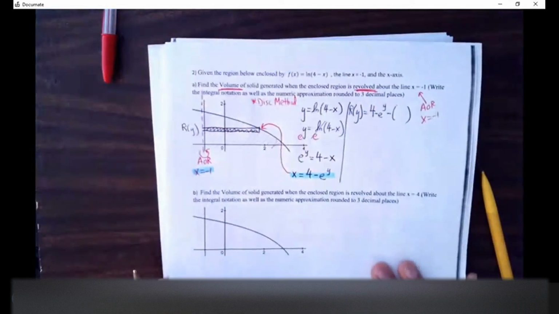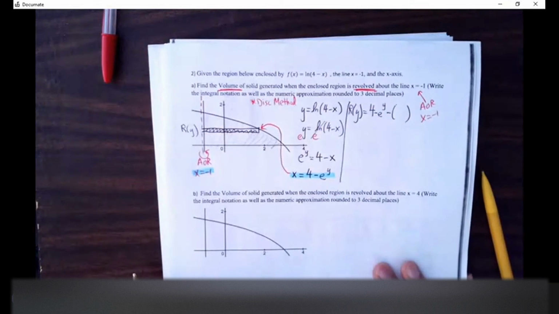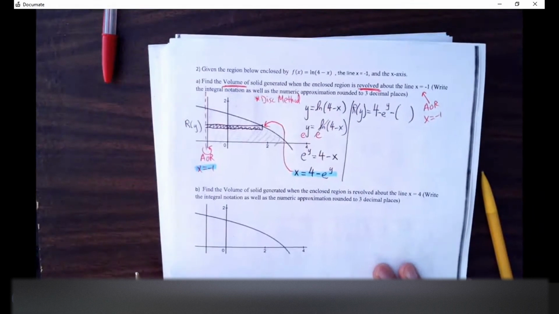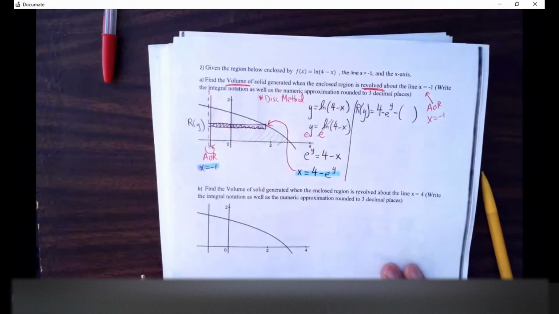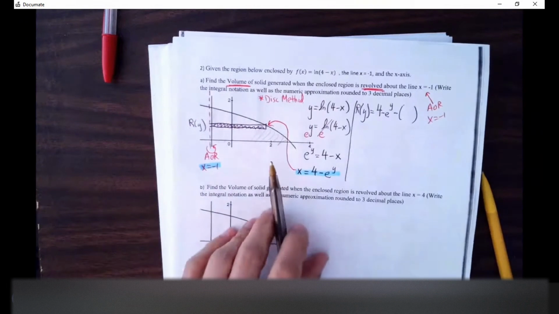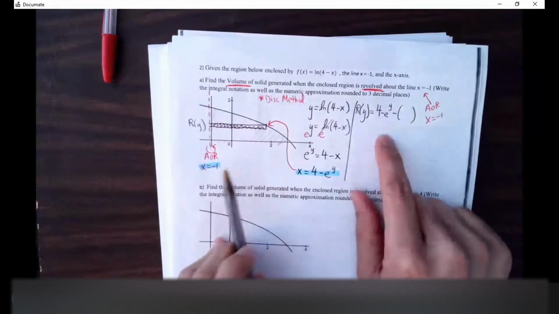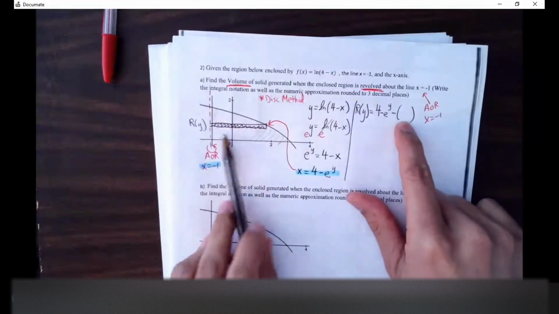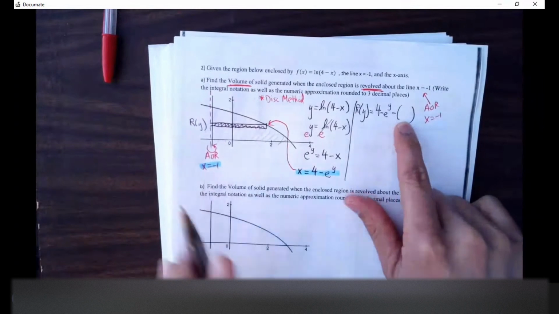Mr. Yang, do we use a calculator to find the bounds for this? Yes, I'll talk about that in a moment. You may need a little help from the calculator. Left endpoint is sitting at the -1.